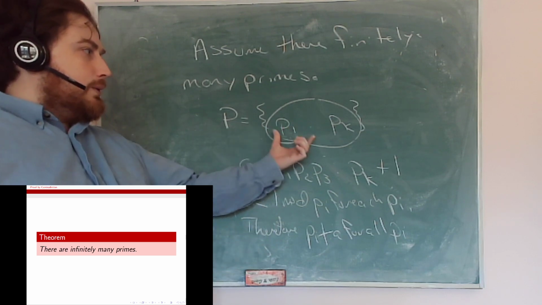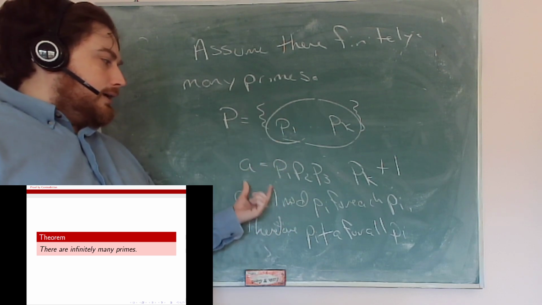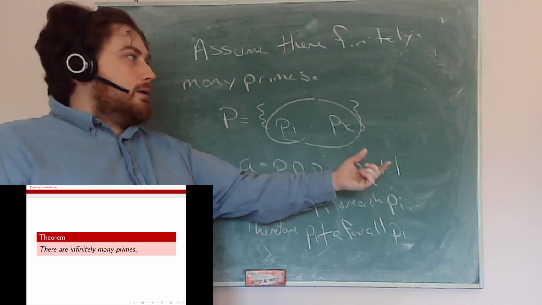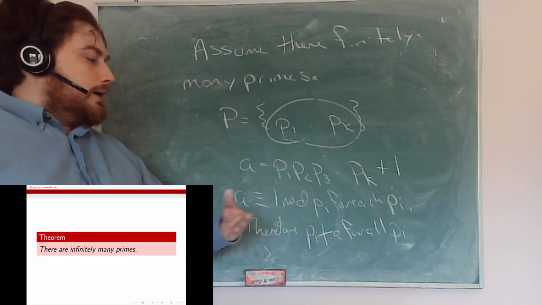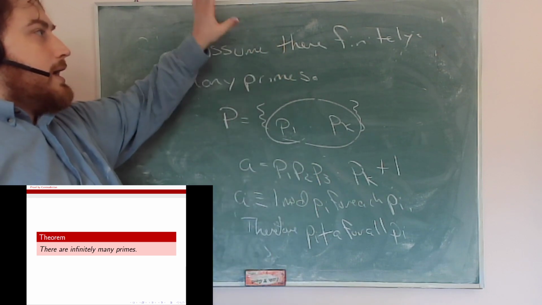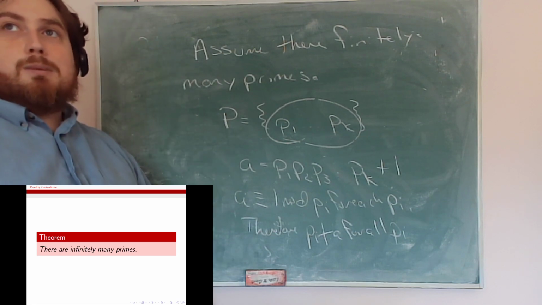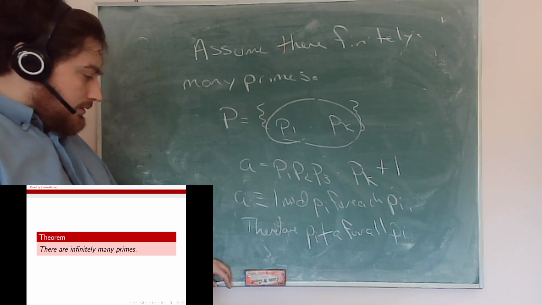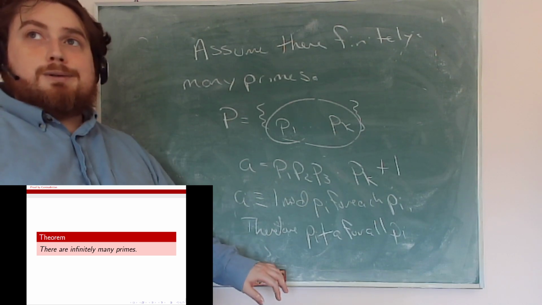So if there were finitely many, we would always be able to add in a new one. So that contradicts the fact that these are all of the primes. Hence, we have a contradiction. Therefore, there cannot be finitely many primes, and there have to be infinitely many primes. So that's our proof that there are infinitely many primes as per Euclid.